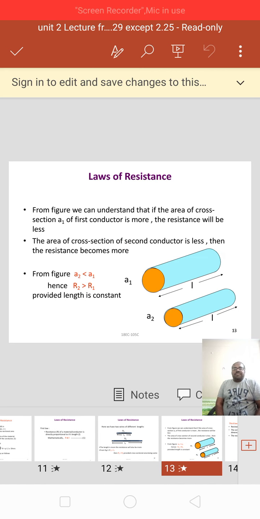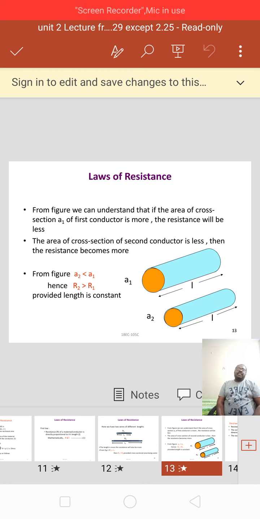Next, from the figures we can understand that area of cross section of first conductor is more than the second one, so the resistance will be less. The area of cross section of second conductor is less, then resistance becomes more. So A2 less than A1 and hence R2 greater than R1, provided length is constant.